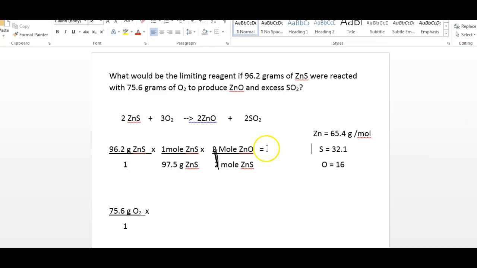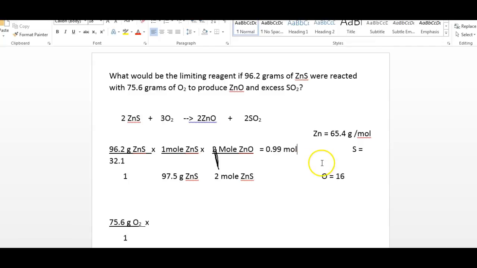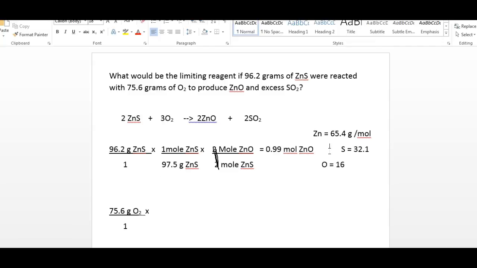So we put that over here: 0.986 moles of ZnO. Let me just bring this other one back. Okay, so this is this one here. We highlight it. So that's for zinc sulfide, that's how much we're going to produce.